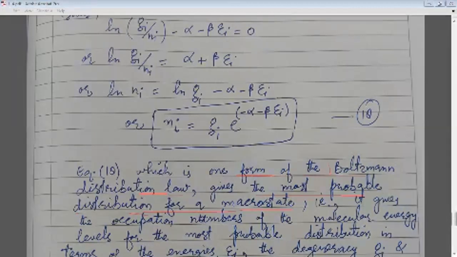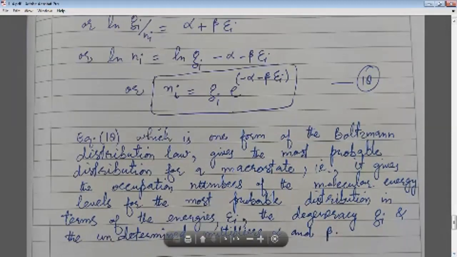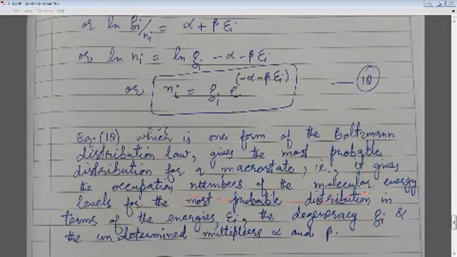That means which macrostate has the maximum number of microstates will be the most probable distribution. Or you can, in other terms, say that it gives the occupation numbers of the molecular energy levels for the most probable distribution in terms of the energies ei, the degeneracy gi, and the undetermined multipliers alpha and beta. What is the most probable distribution?